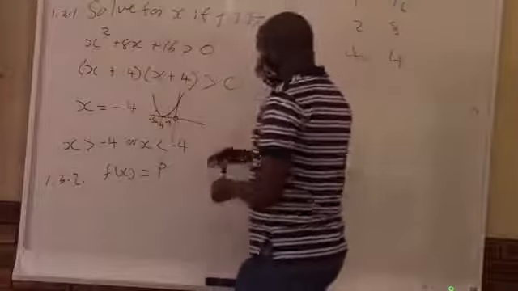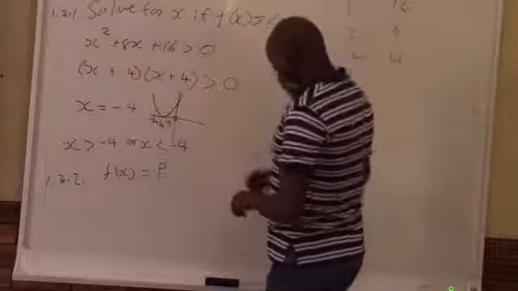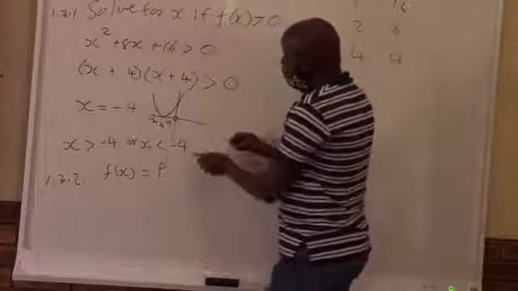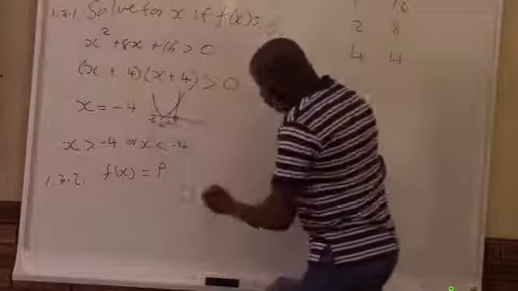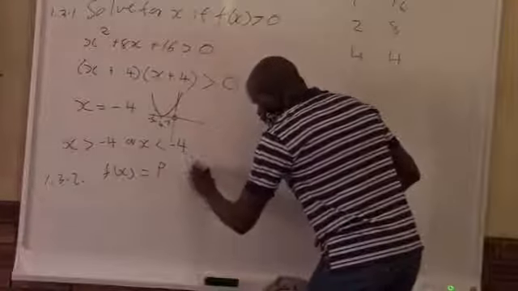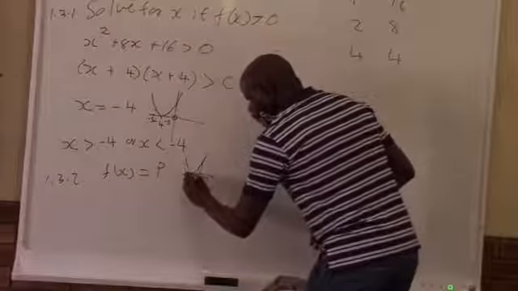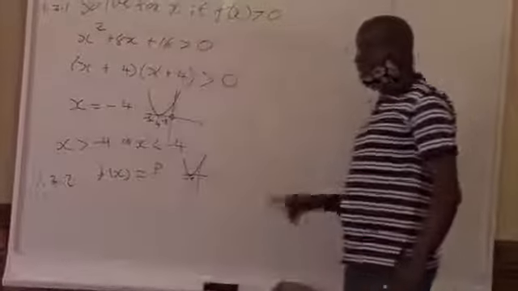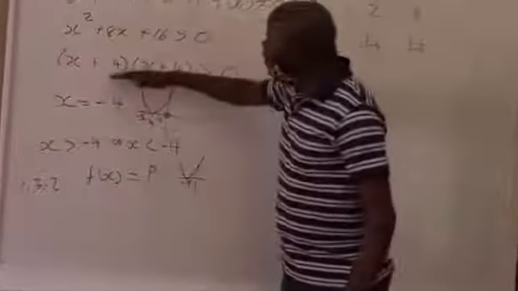So we can come back to this sketch. As it is now, it's having only one root at -4. That one root means the roots are equal because that was a perfect square.